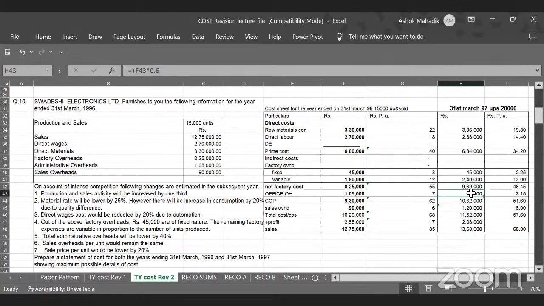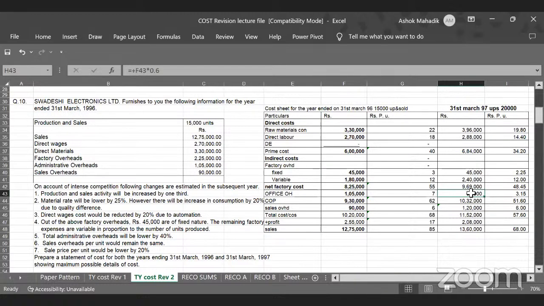It says total admin overheads will be lowered by 40%. See, as I told you, overheads are normally fixed in nature. Their amount remains fixed, and we consider their value amount and not per unit. In case of prime cost items or variable cost items, we take per unit for calculating next year's value.